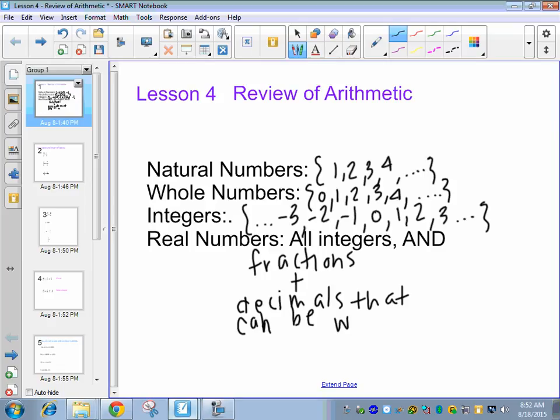So what this means is we can't put things like pi in real numbers because pi goes on forever and it can't be written as a fraction. So like 0.2 is a real number. That's because it can be written like 1/5. It can be written as a fraction. So they're just things, sort of definition-ish type of things that you'll just want to keep in your notes.